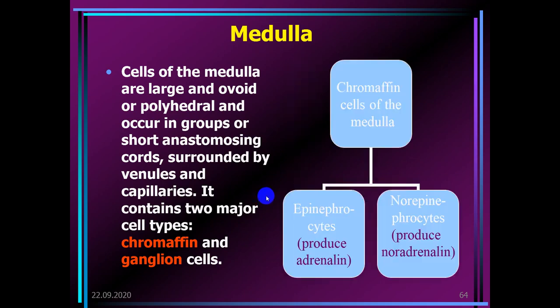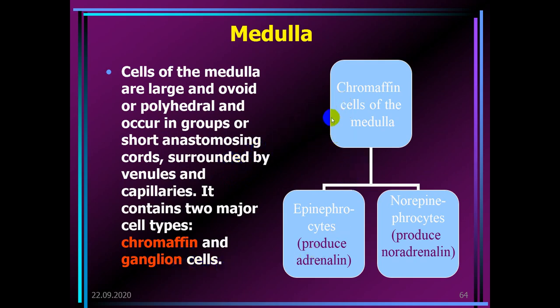And some words about the medulla. As I said, the medulla develops from neural crest cells and has a neural origin. It consists of modified glial cells that are large, ovoid, or polyhedral, occurring in groups or short anastomosing cords surrounded by venules and capillaries. There are two main types of cells, chromaffin and ganglion cells.